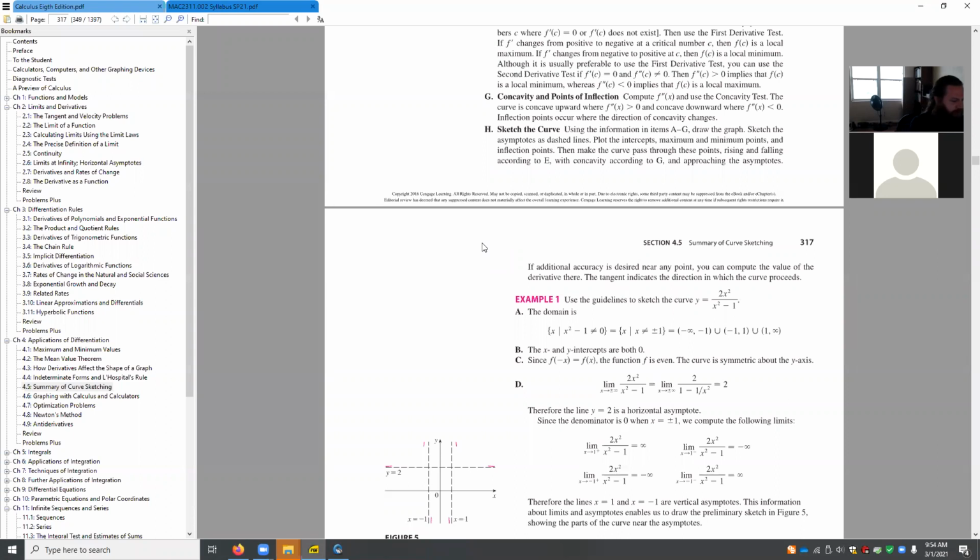I'll write this down. Sketch y equals 2x squared divided by x squared minus 1.